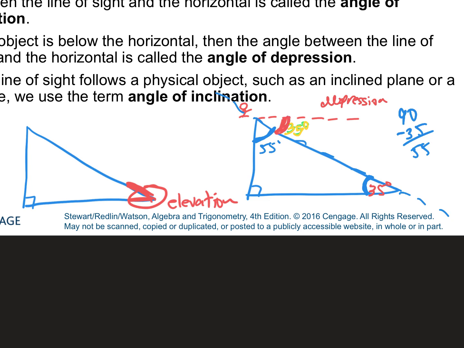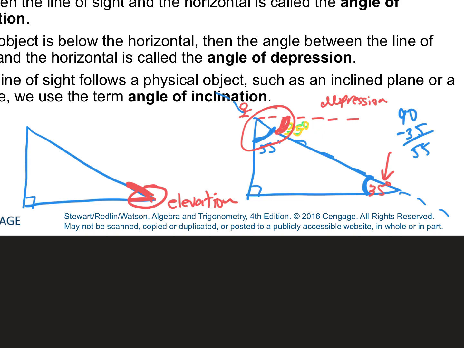Back in geometry days, two parallel lines cut by a transversal, alternate interior angles are congruent. So you can either say 90 minus and use this angle up here in your triangle to get your angle that's inside, or you can say that your angle of depression is equal to the angle of elevation at the bottom of the triangle. Does that make sense? Yeah, and the depression line is just the one that's going down, right? Yep. So either way you look at it, it's not 35 though. If you're going to put it up from the top, it's 90 minus. If you're going to put it inside at the bottom, it's the same angle.